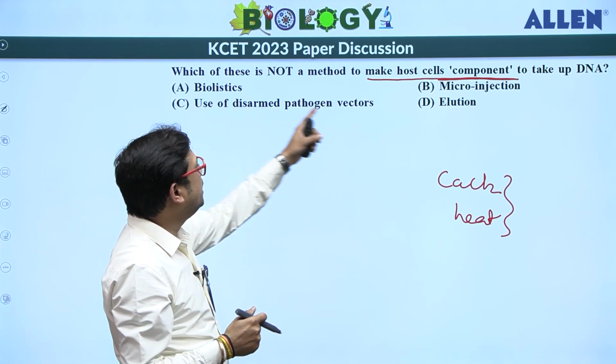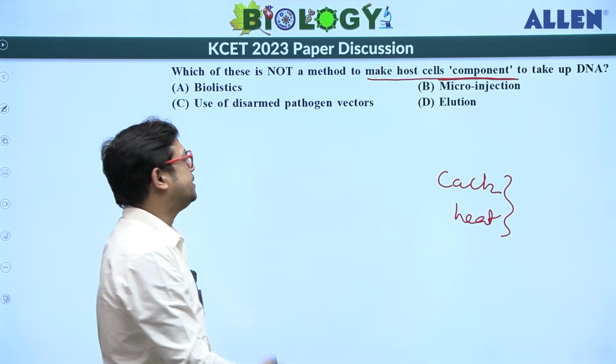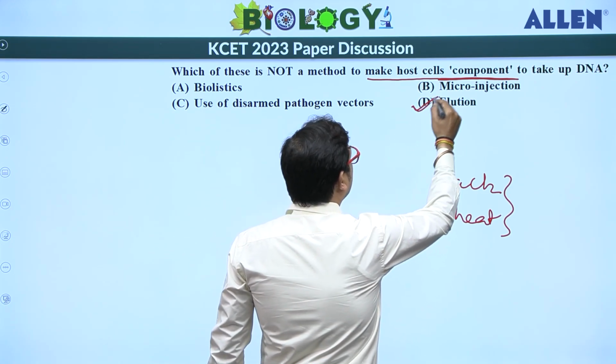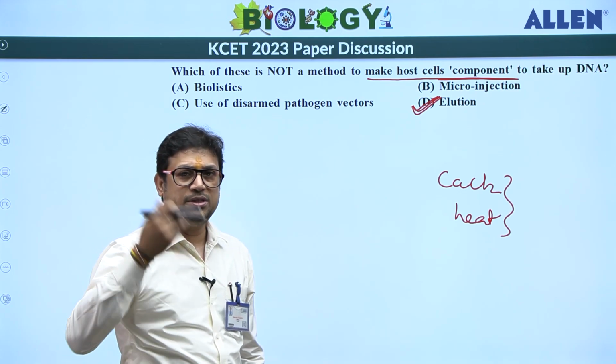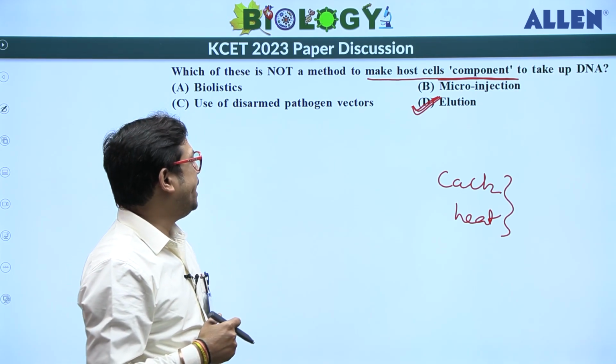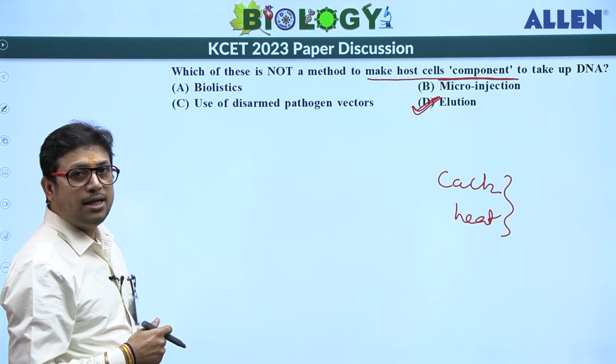But here this option is not there. If you see, the most irrelevant option is elution. Elution is the process by which the DNA bands are taken during gel electrophoresis. So here we should go with the answer D.